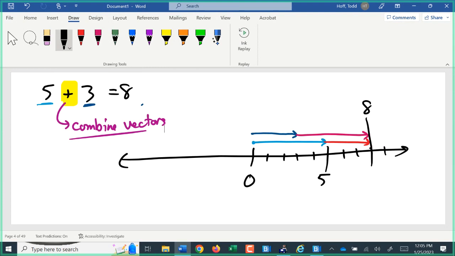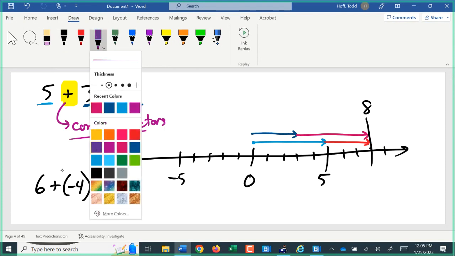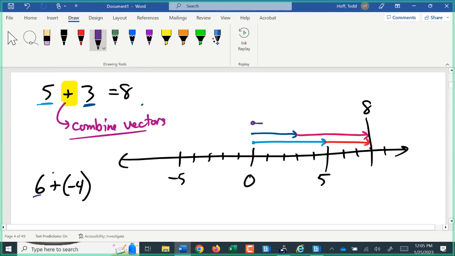But when we throw in negative numbers, if I have 6 plus a negative 4, now I have my vector for 6. It's like this, 0 to 6.